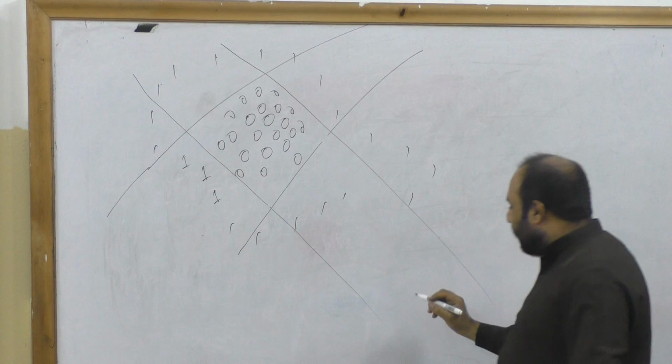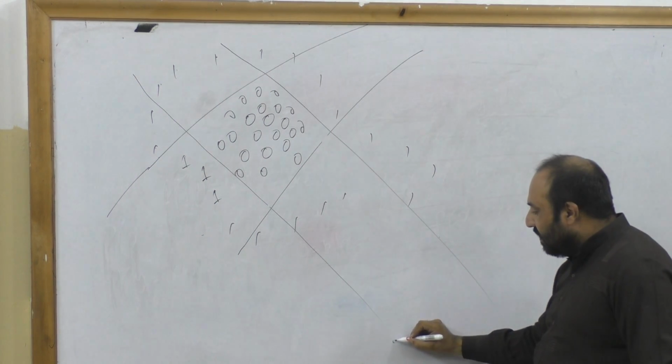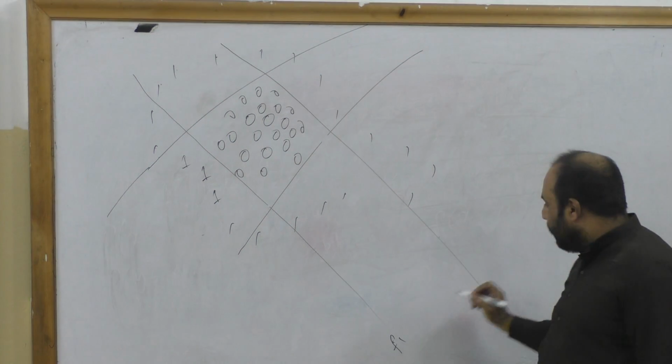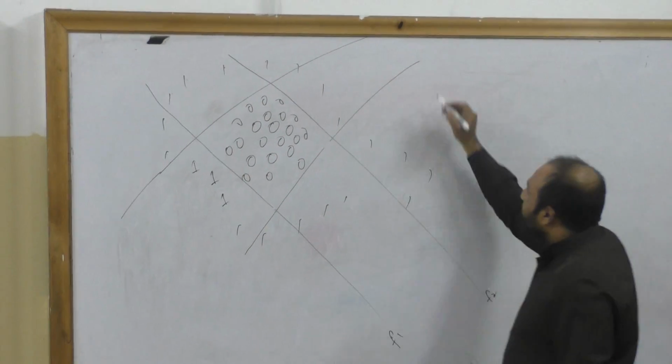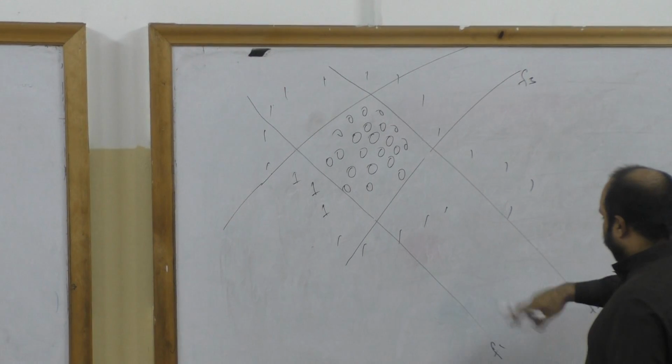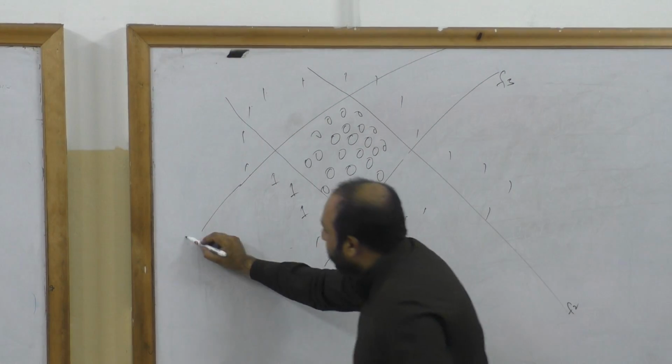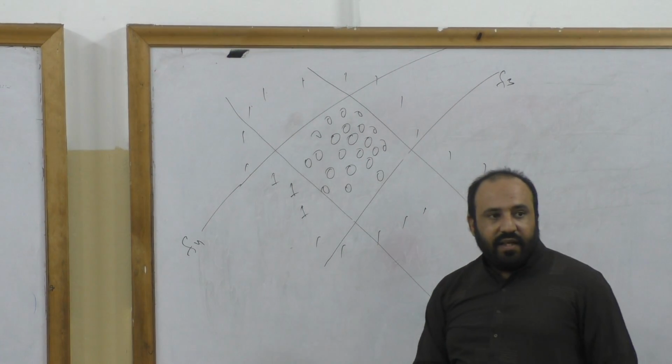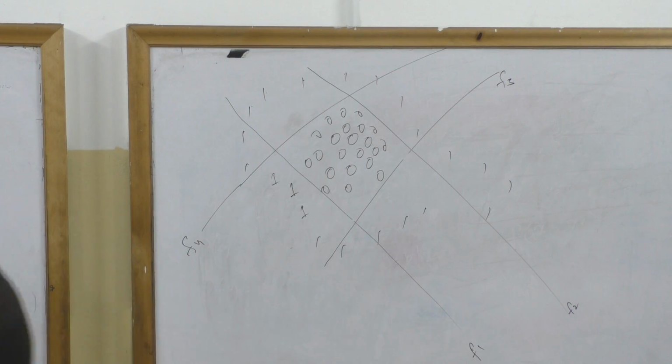So if I call this separator F1 or line 1, this separator F2, this separator F3, and this separator F4, then here is the rule to classify.